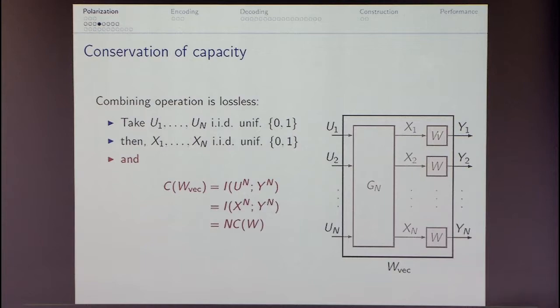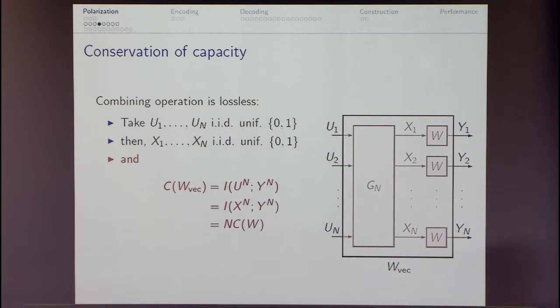And because the channels here are independent, this mutual information is simply the sum of the mutual informations across the individual channels. The channels are identical, so we have n times the capacity of the individual channels. Okay, so through this combining operation, in other words, we are not losing any channel capacity. Okay? It's a lossless type of combination operation.